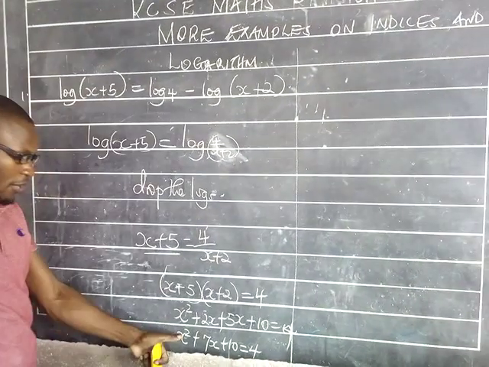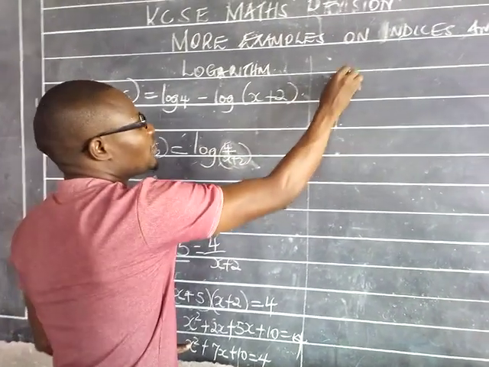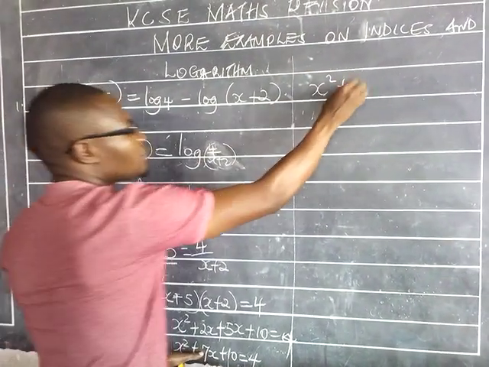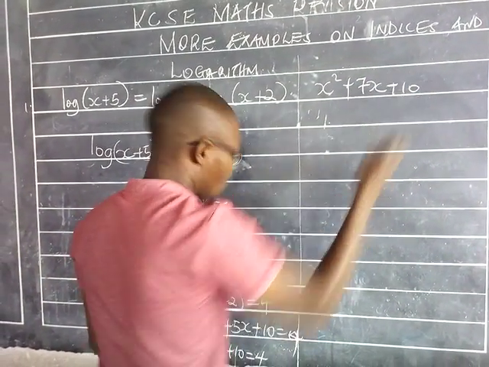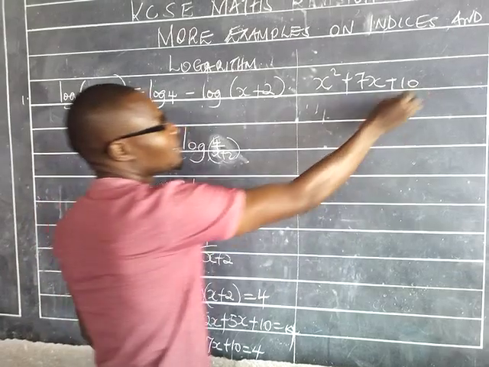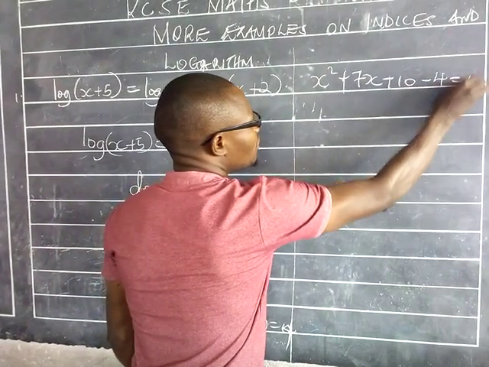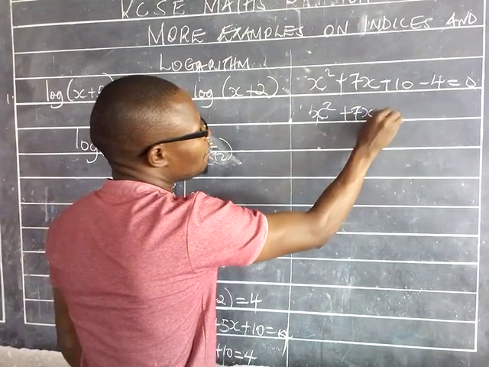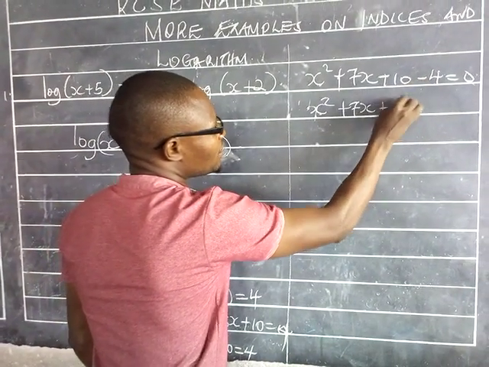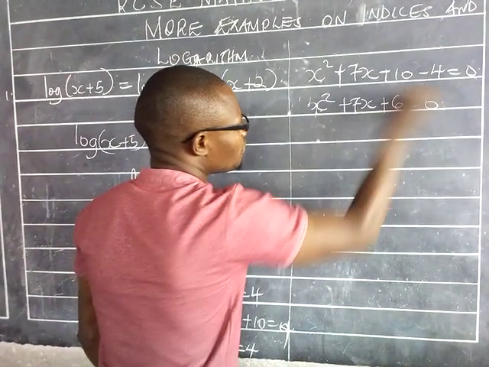So eventually I will have x squared plus 7x plus 10. Now if I bring this one to this other side, it will be minus 4 is equals to 0. So x squared plus 7x plus 10 minus 4 is 6 is equals to 0.